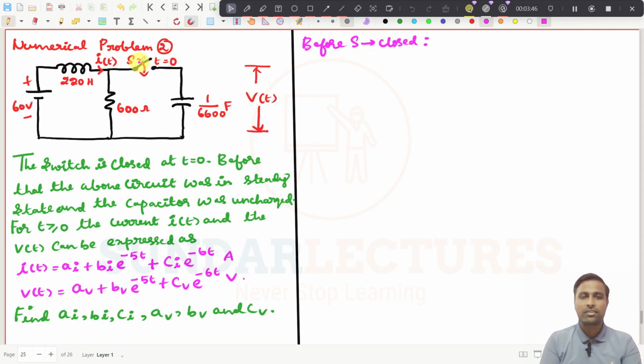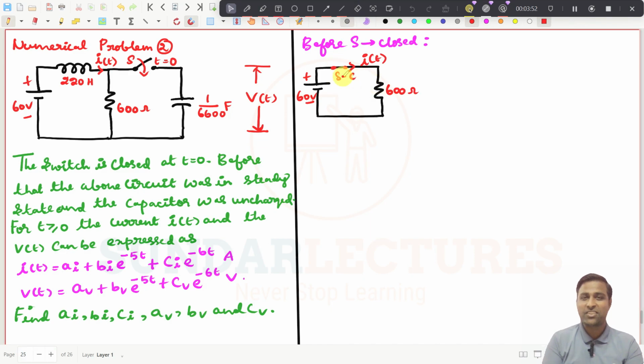So before S is closed, this circuit is at steady state, right? If I draw the diagram, I have just drawn it. The inductor will be short circuited at steady state, I have already told you. So at steady state, the inductor will be short circuited, and this current I am taking as I of 0, because this is the initial condition.